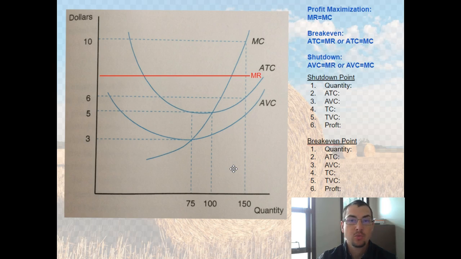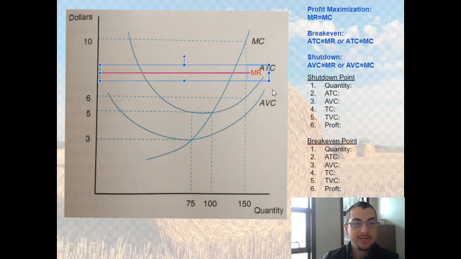If marginal revenue was greater than marginal cost, that would tell us as producers that we can increase production and make a higher profit. If marginal revenue was less than marginal cost, then we need to decrease production, because if we continue where we're at, it's going to cost us more to make that additional unit than what we have coming in. So we always produce where marginal revenue equals marginal cost.